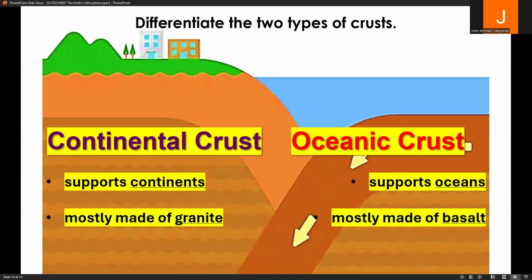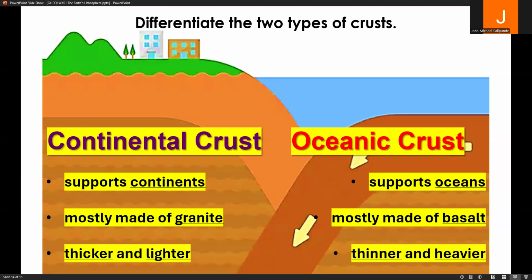Now, as you can see as well, continental crust is bigger and thicker as well as lighter compared to oceanic crust. It appears to be somewhat elevated, while oceanic crust, which is found below the sea level, is thinner and heavier compared to the continental crust.